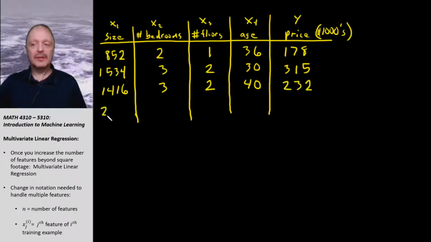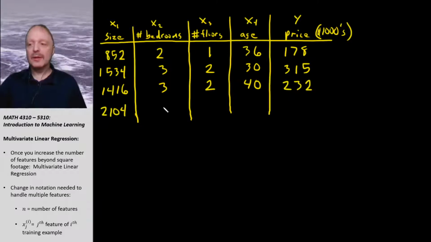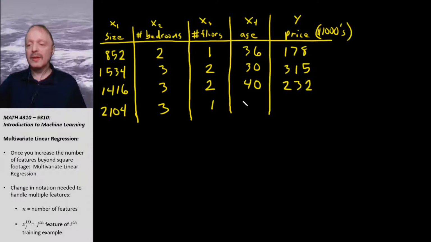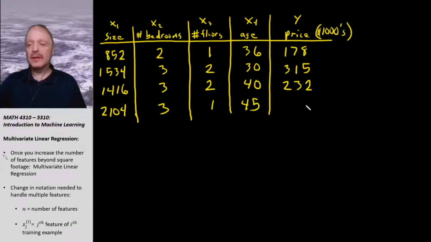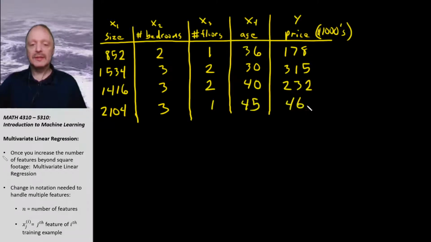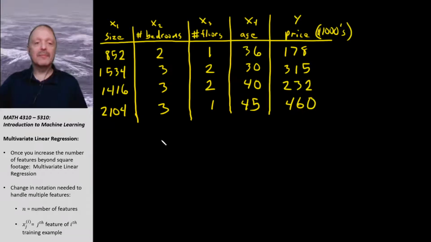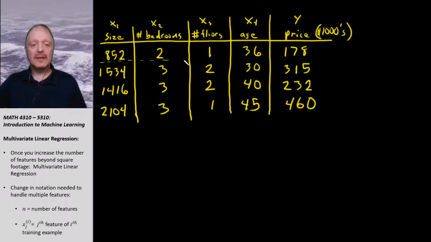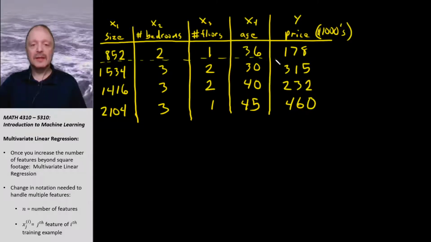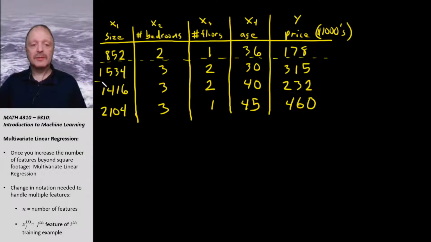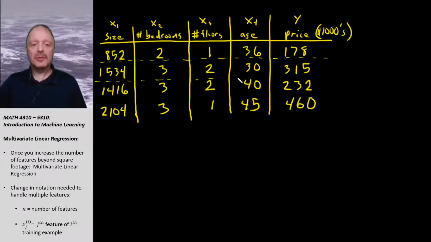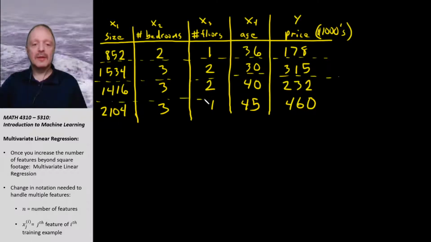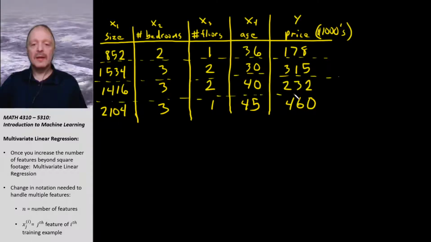And last, 2104, 3 bedrooms, 1 floor, 45 years old, and we're going to say that costs $460,000. You can think of each one of these as being a house that's been put up on the market.